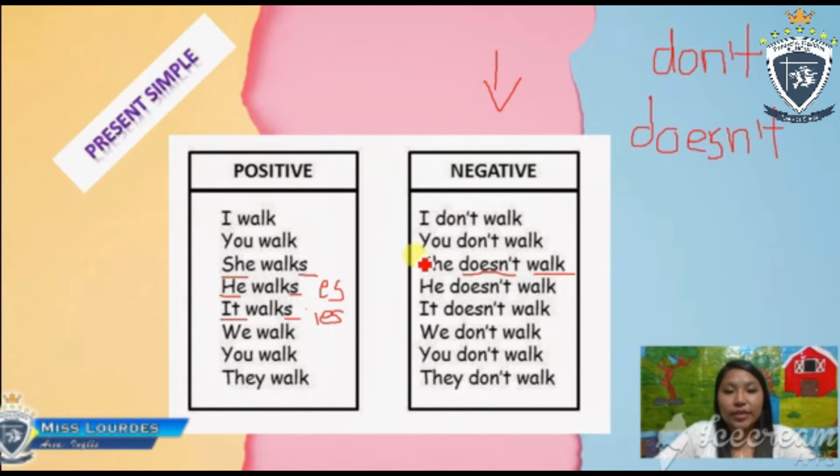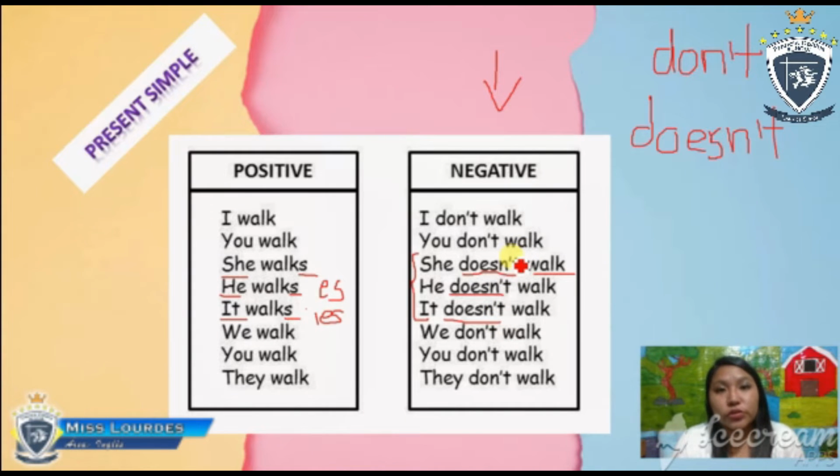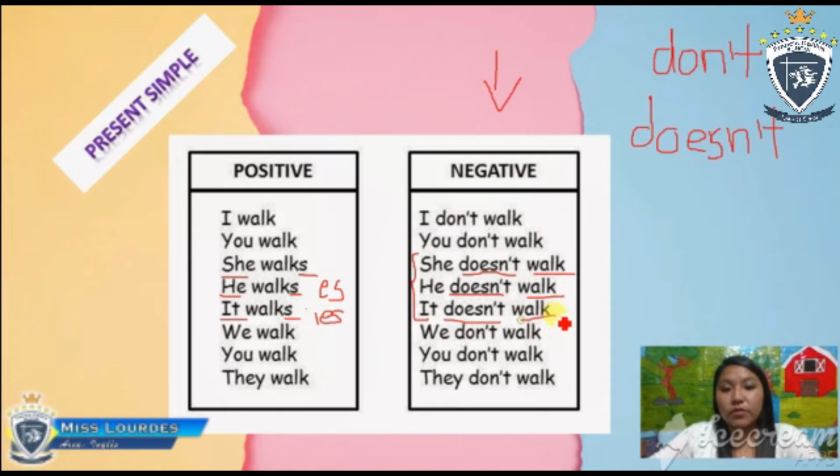And look at this part, in he, she, it. He, she, it use doesn't, like you can see. And when you use doesn't, the verb doesn't change.